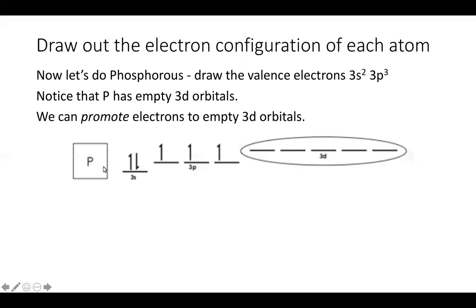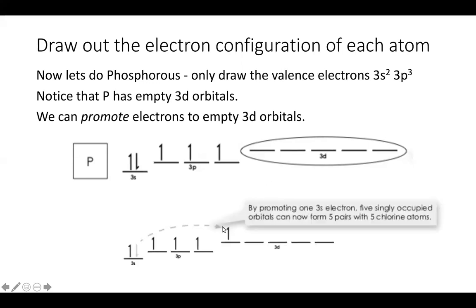In the phosphorus configuration, we have these 5 empty 3d orbitals. Now what we can do is promote one of these paired electrons up to the 3d orbitals, and that looks like this. By promoting that 3s electron up to the 3d orbital, we suddenly have these 5 single unpaired electrons, which can now form the 5 pairs with our 5 chlorine atoms.